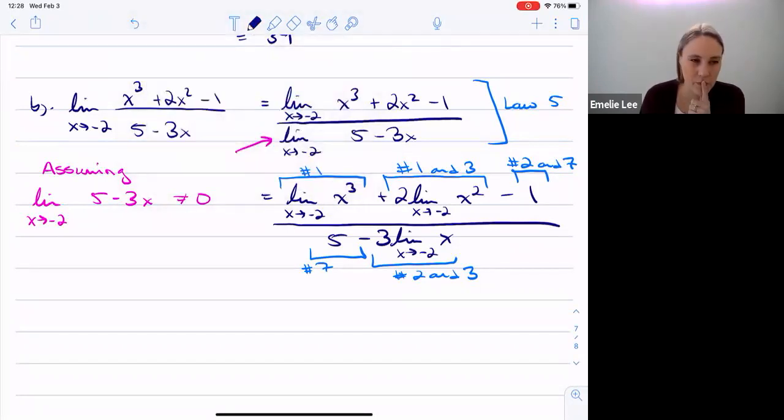Okay. So now we have those handy laws where if I just have x to the power of something, then I'm allowed to just plug in the limit that I'm interested in, right? And I think that was law number 8 and 9.